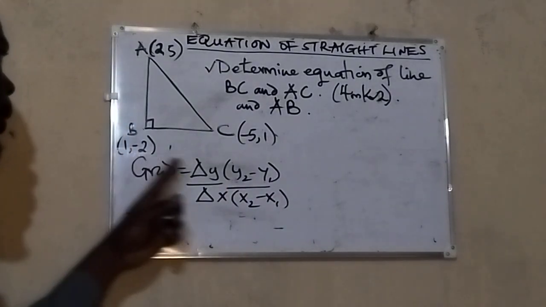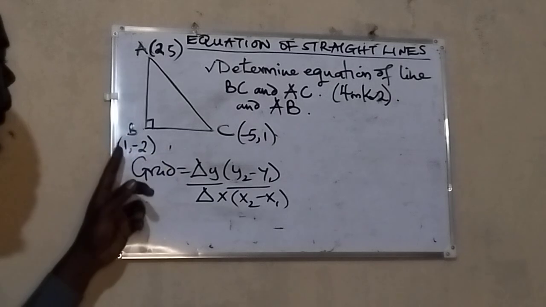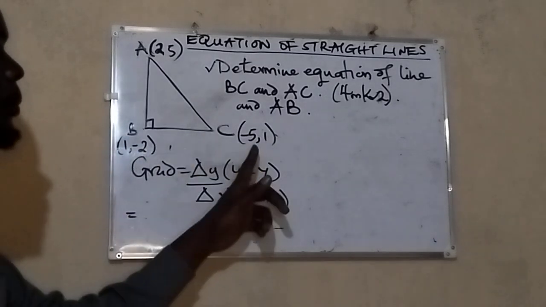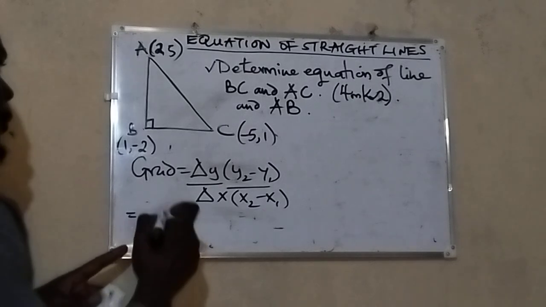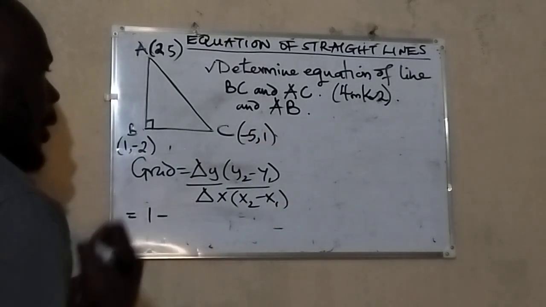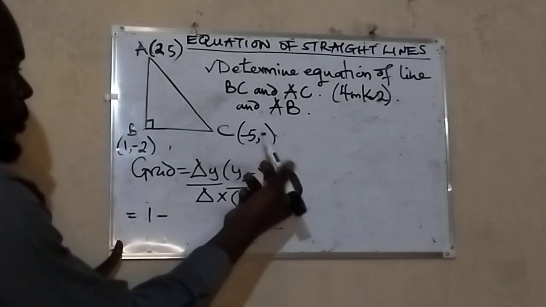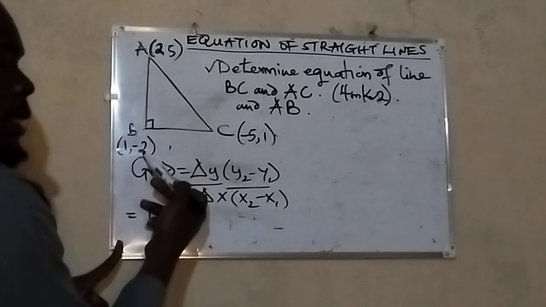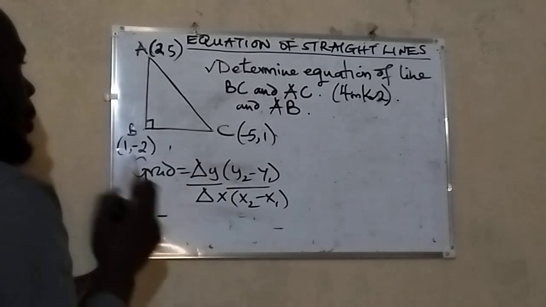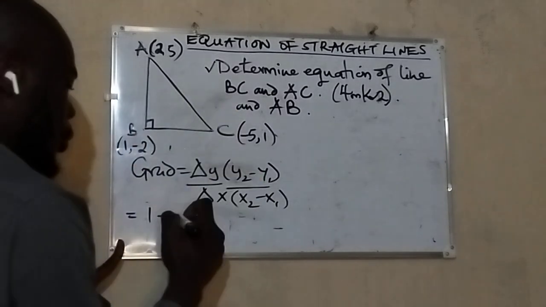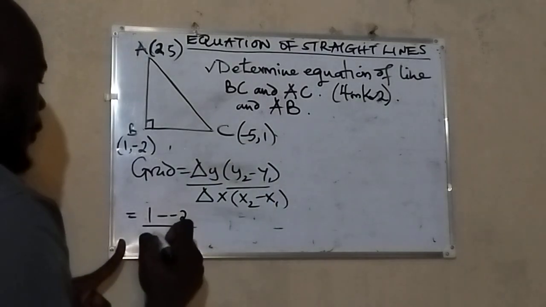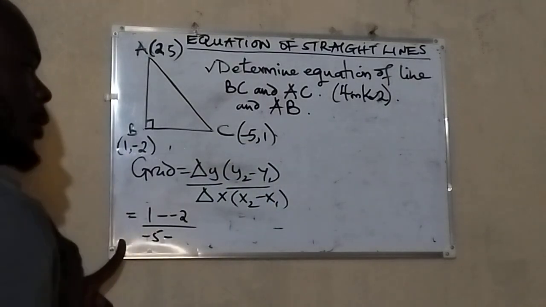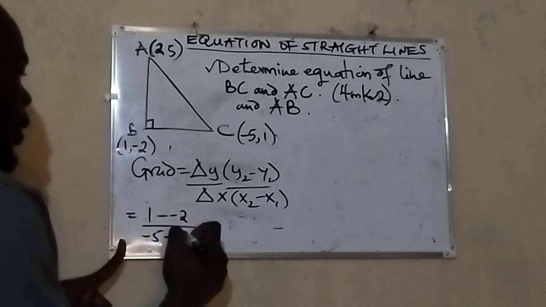With points (x1, y1) and (x2, y2), we shall have 1 minus, this is your y2, minus y1, but your y1 is -2, so minus -2, over, again x2, -5, minus x1, which is 1.